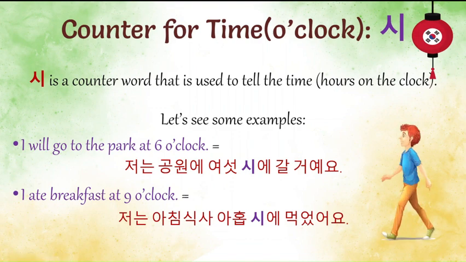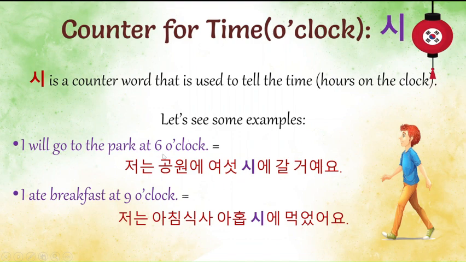Okay, let's look at the examples to understand this more clearly. I will go to the park at 6 o'clock. Okay, so here in Korean it is 저는 공원에 6시에 갈 거예요. Here we are talking about the time 6 o'clock. So 6 o'clock in Korean is first comes the number 6, 여섯.